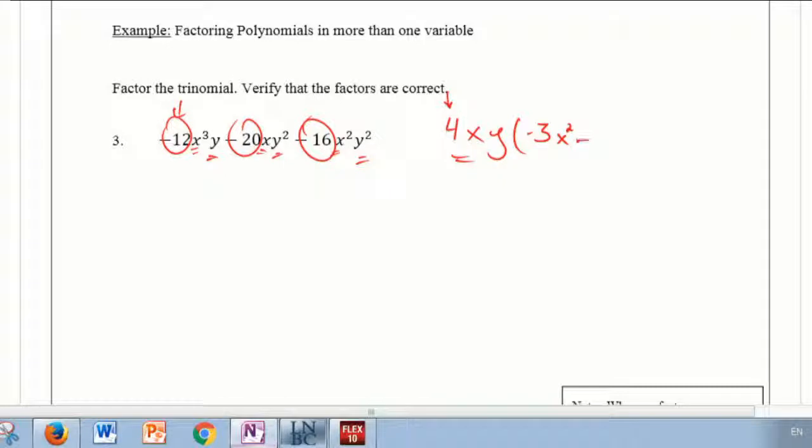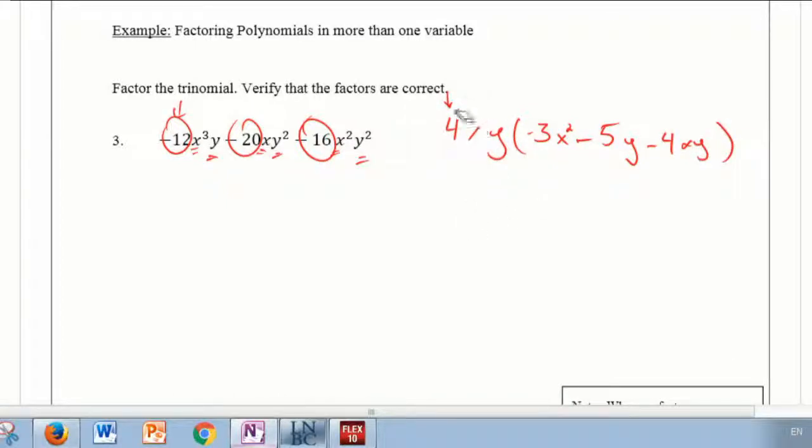And then do the same thing with the next term. What do I have to multiply 4 by to get 20? Well, I'd multiply it by 5. And then I have xy out front, so I'd have to multiply this by just a y. And then 4 times negative 4 gives me the 16. I have x squared y squared, so I'd have xy.